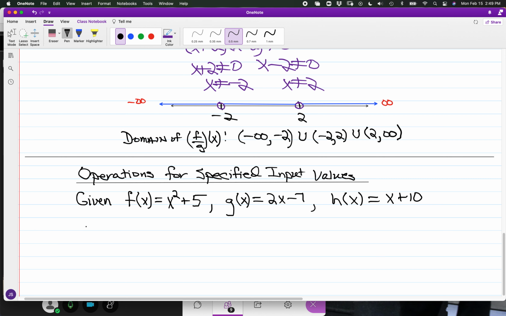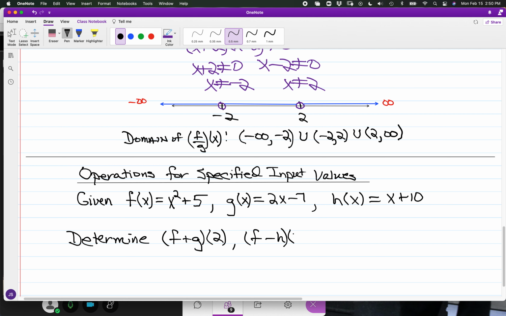And we're looking at determining, let's say, we have f plus g of 2. And we'll say we have f minus h of 7.